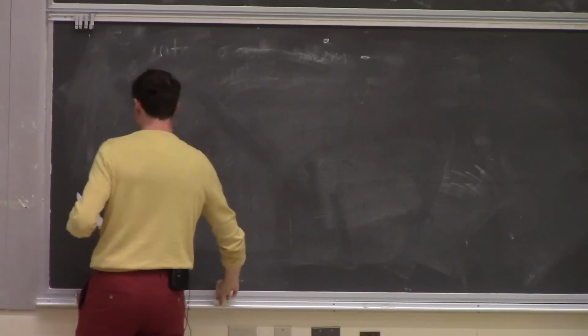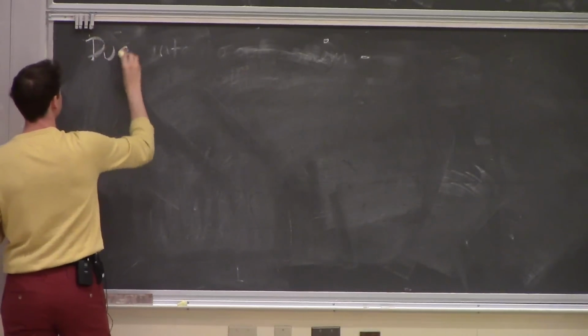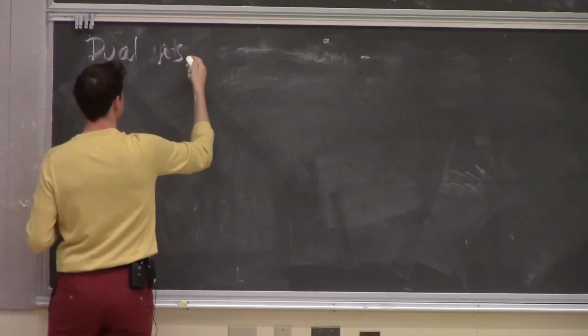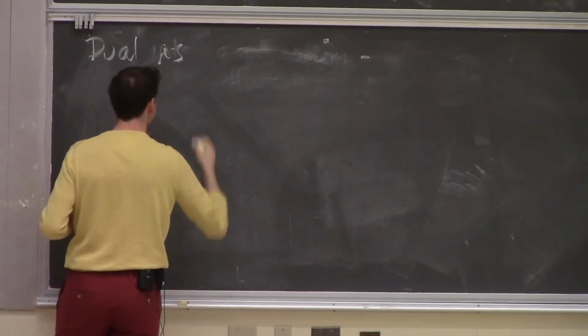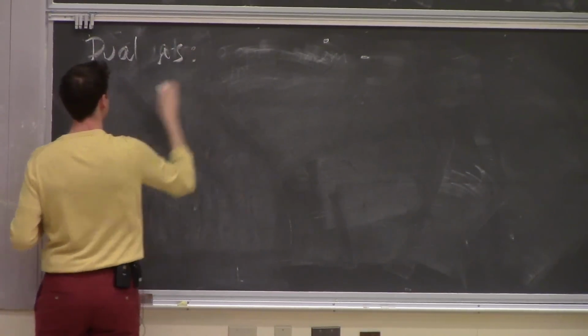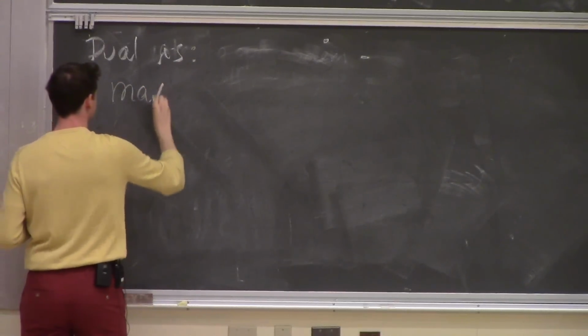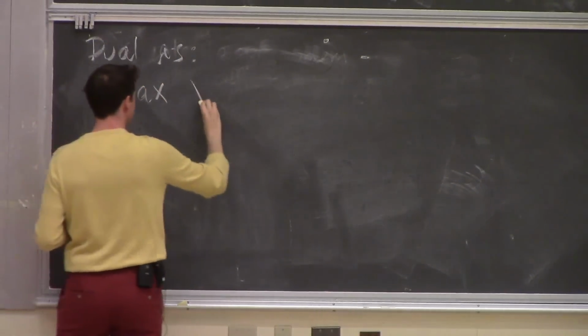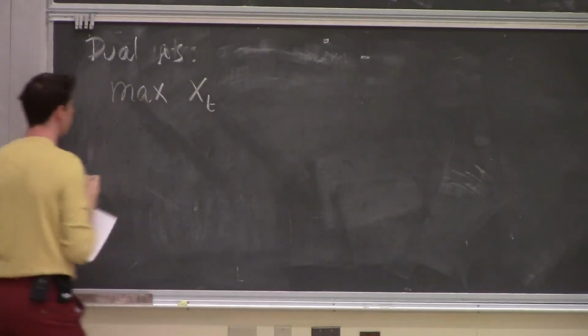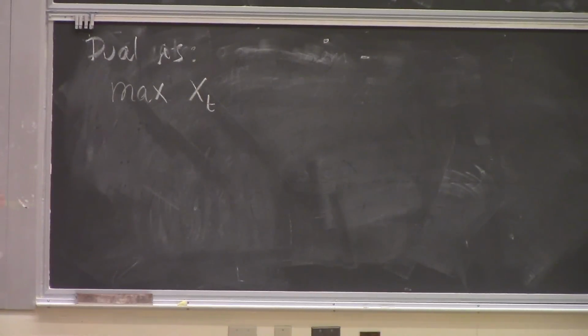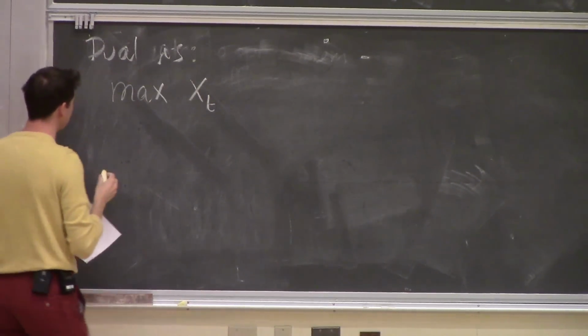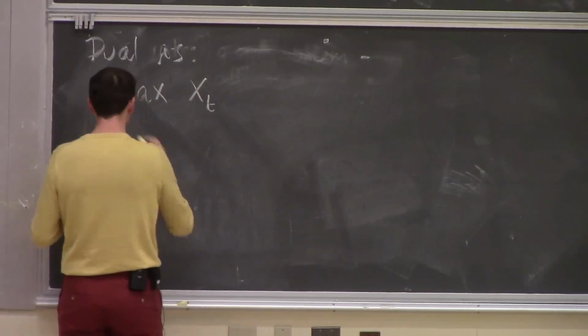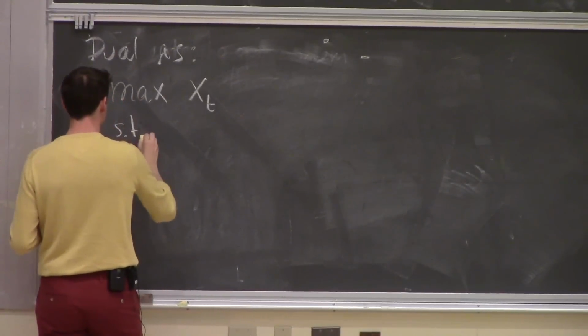All right, so the dual is as follows. So we're going to maximize a value that we're going to call x sub t. Okay, it's going to be related to the sort of target vertex t, subject to certain constraints.